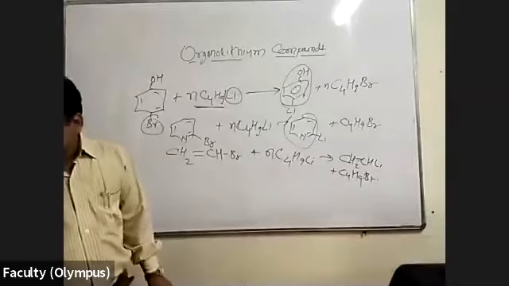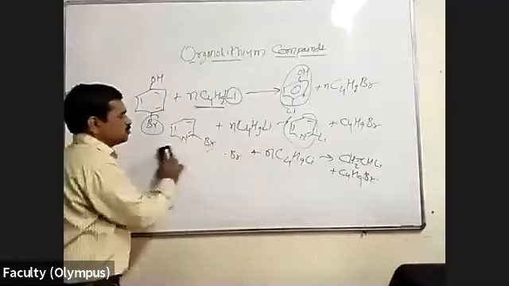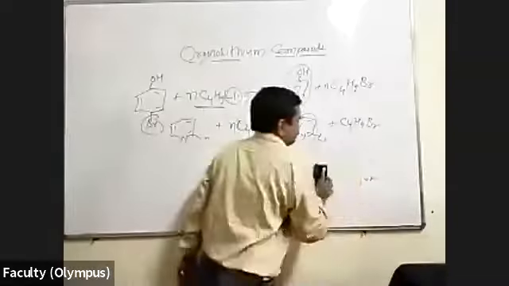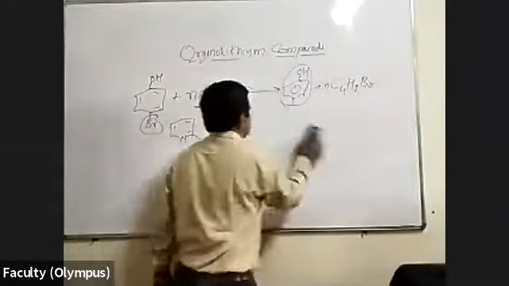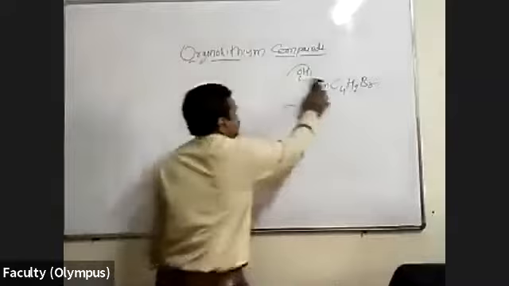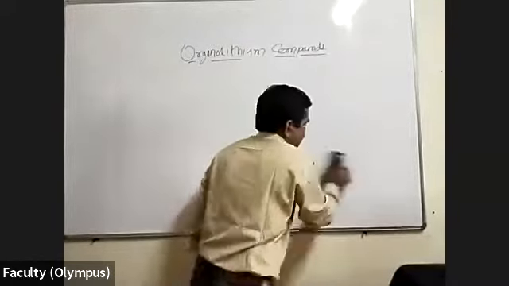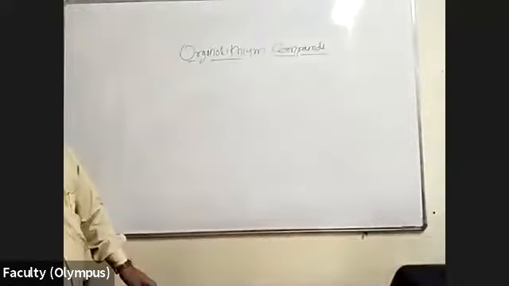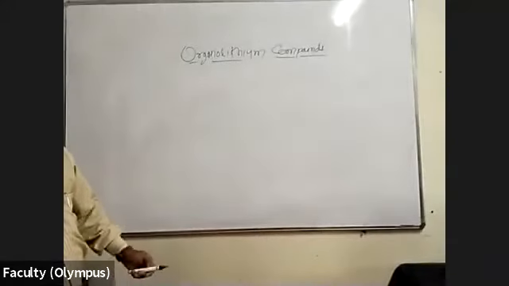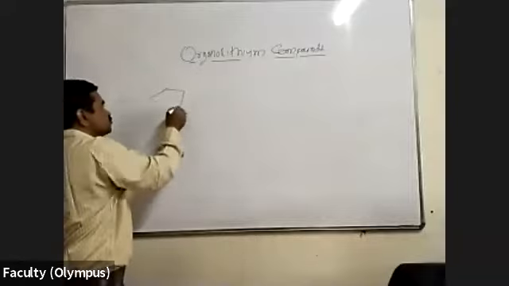Third method is metallation by phenyl lithium. Third method is called metallation. For example, we have 2-methylpyridine.